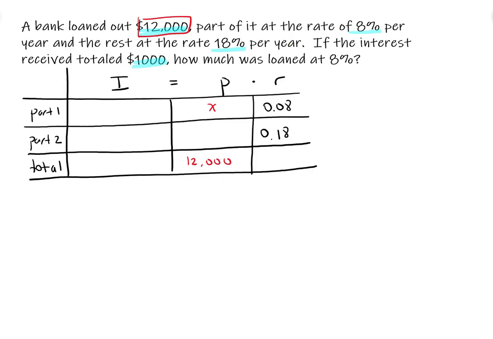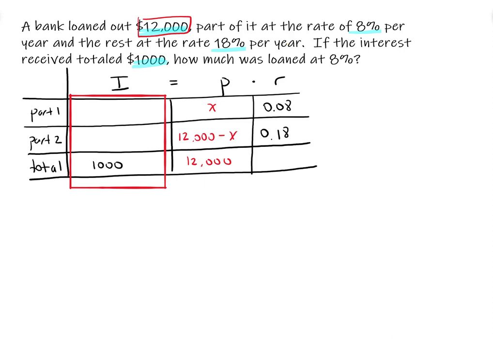Not with the second variable, but by saying the total minus X. Alright, and then we have one more piece that's given in the word problem, and it is that we received a total of $1,000 of interest. And we just have one more piece to fill in ourselves, and it's where we're going to get our equation from, but we want to fill in this line to come up with our equation.